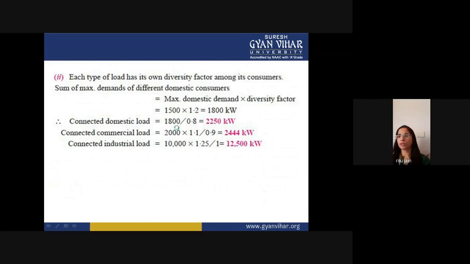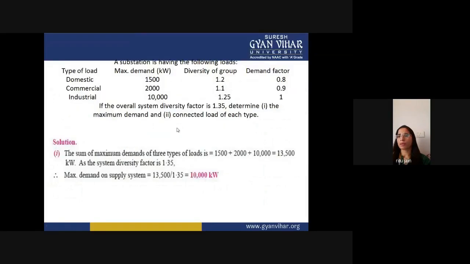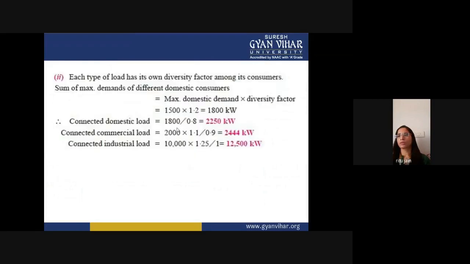Peak load for this is your 2000. So 2000 is multiplied by 1.1. You will get the connected load for this commercial load, and the connected industrial load, this is your peak load.